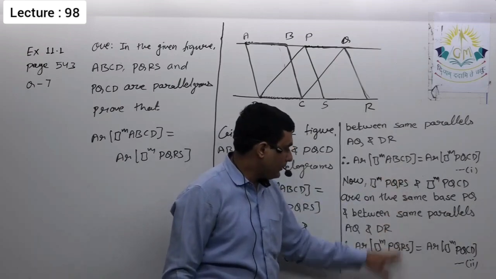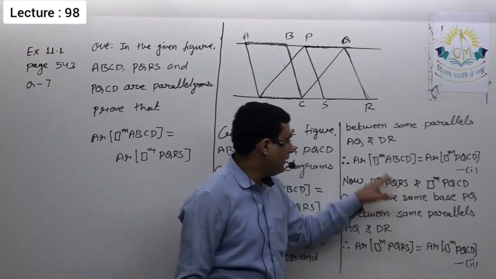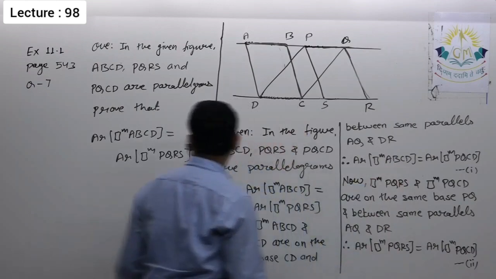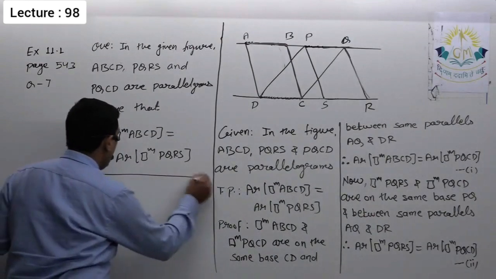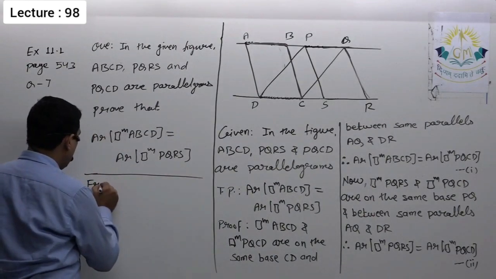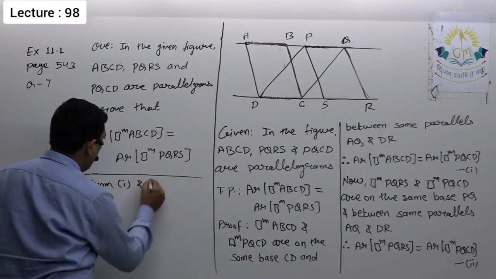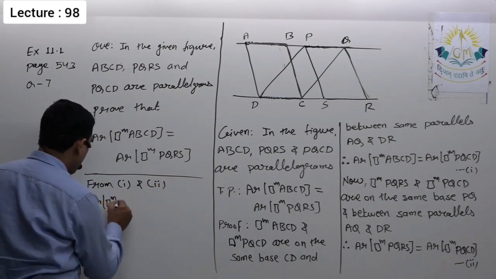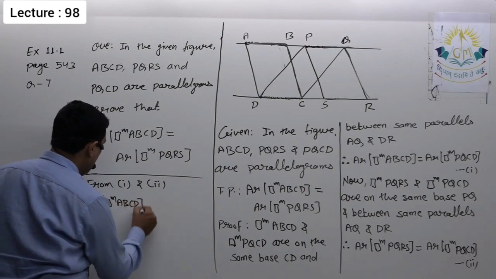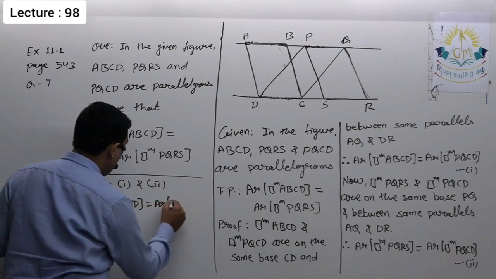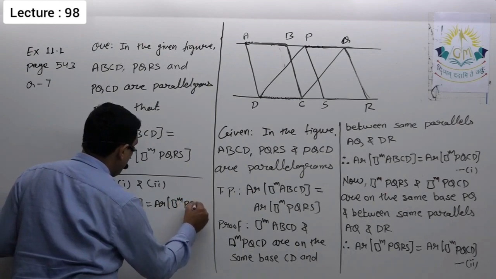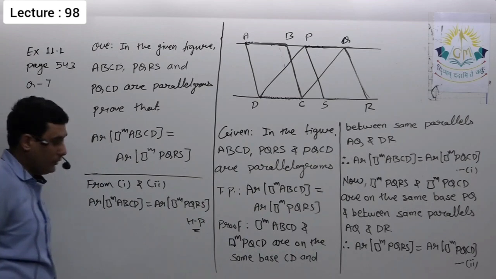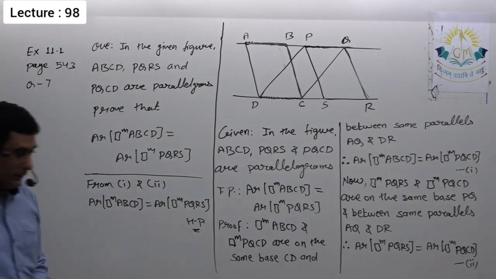So the last concluding line I can write: from first and second, area of parallelogram ABCD is equal to area of parallelogram PQRS, hence proved. So please note it down, then we'll see the next question.